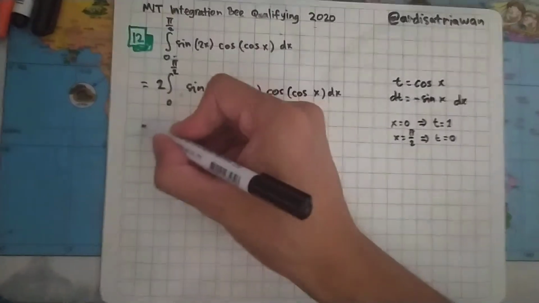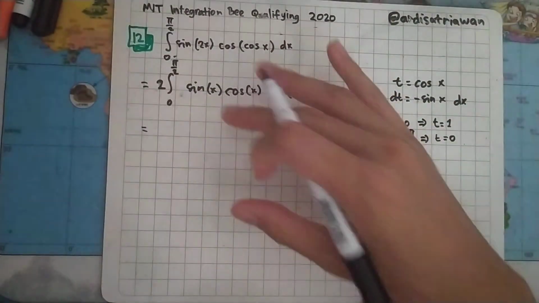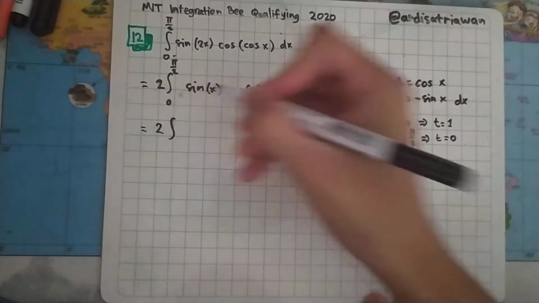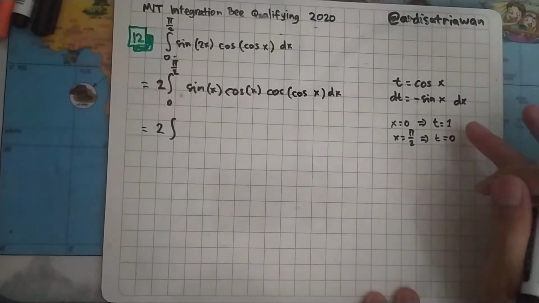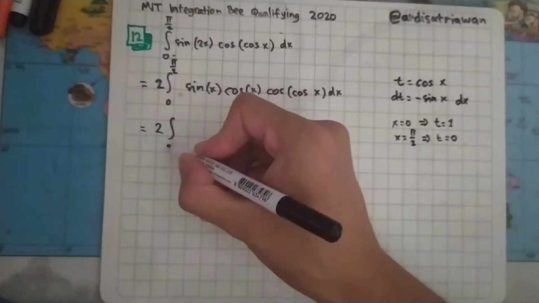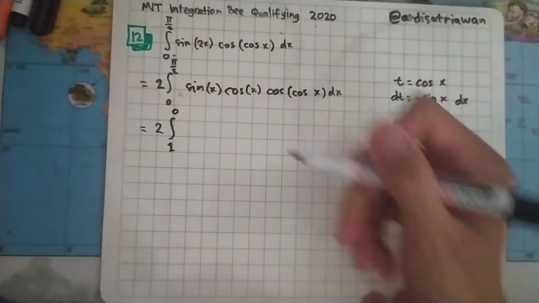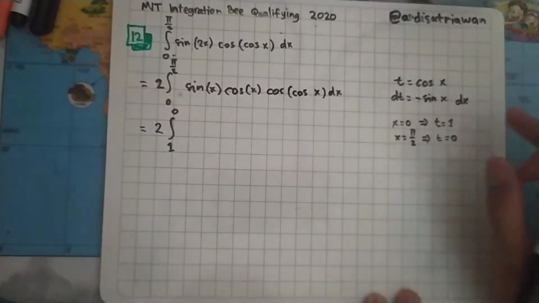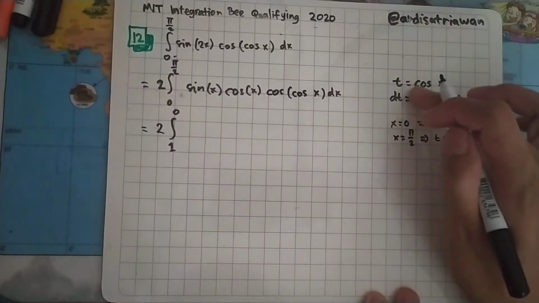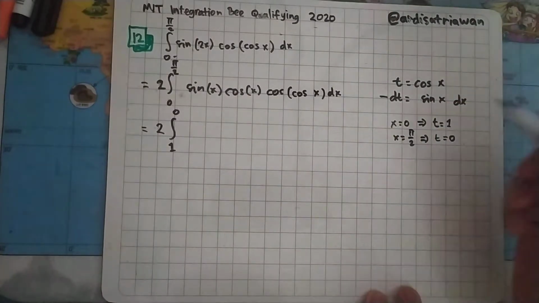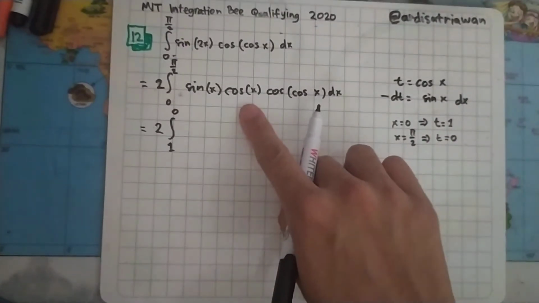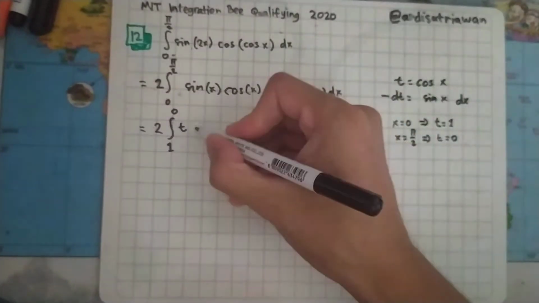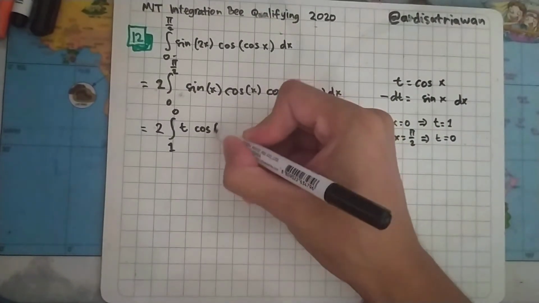So let's put this into the integral, and we have 2 times the integral from 1 to 0, and sine x dx is minus dt, because this can be written here, and cosine x is t, and cosine of cosine x is cosine t.